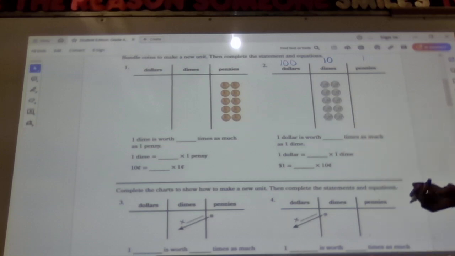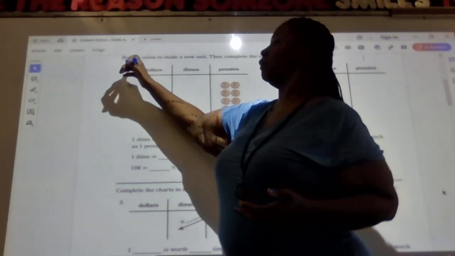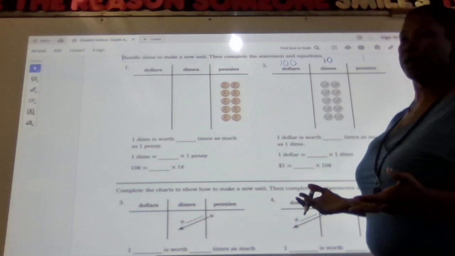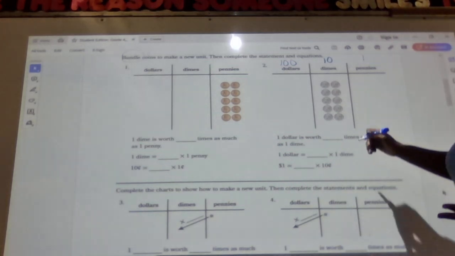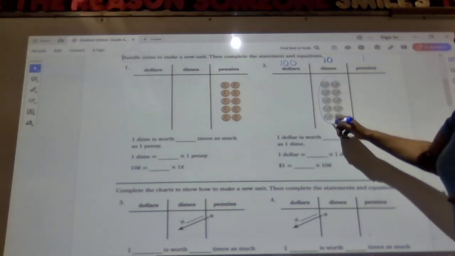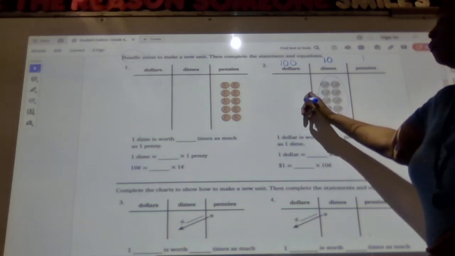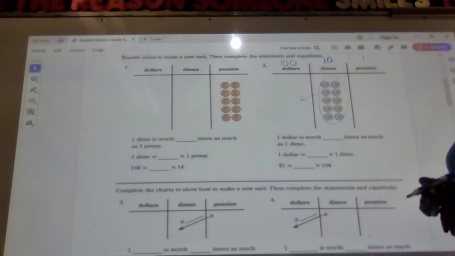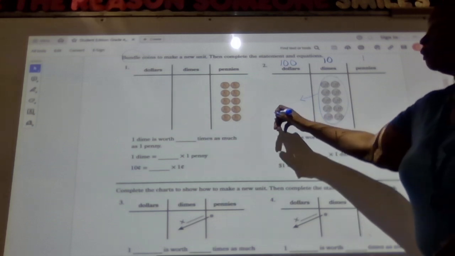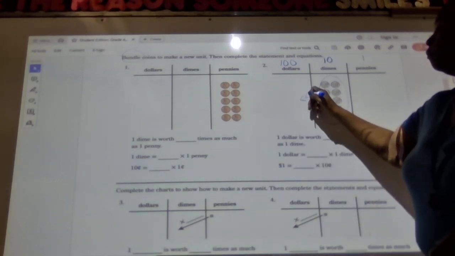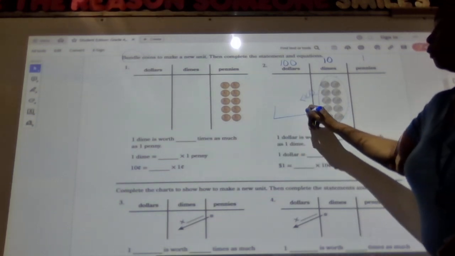And we've been talking today about bundling the coins. So we can bundle 10 coins. And in this instance, we're going to bundle 10 dimes because we know 10 dimes will create $1.